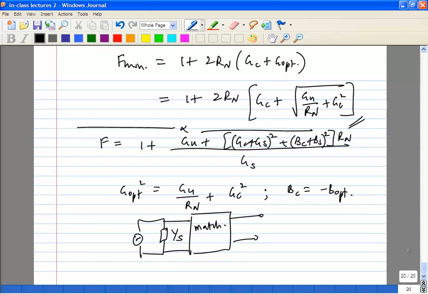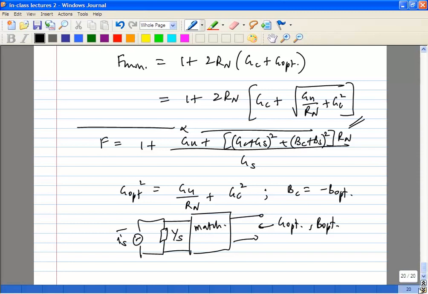So this is Ys. So let's say this is Is. So this is what we are saying. Okay. So we're going to optimize, put some matching network. So this is a noise matching network. Okay. We're going to do this. So let's find out the f in terms of the optimum point.